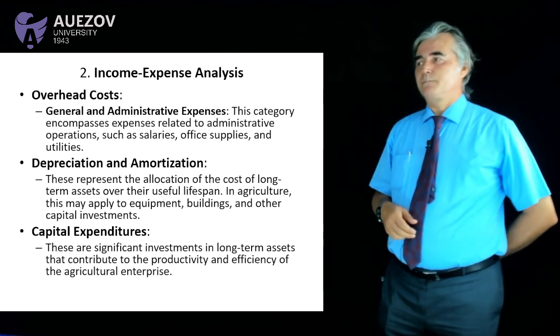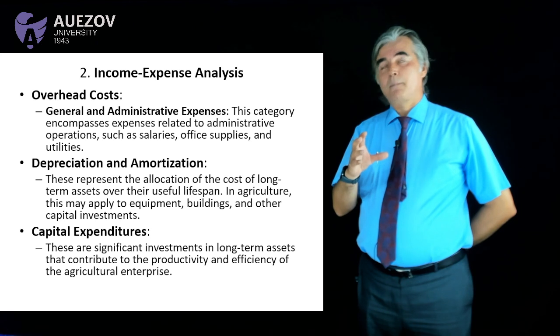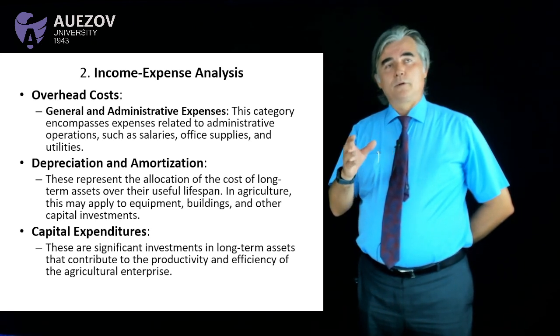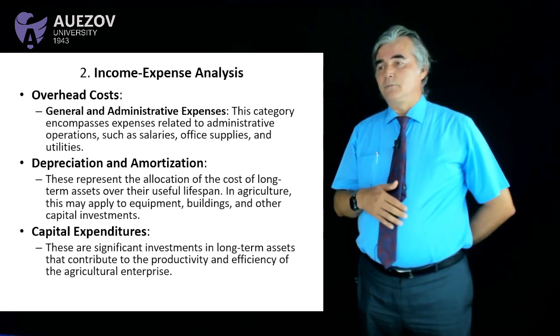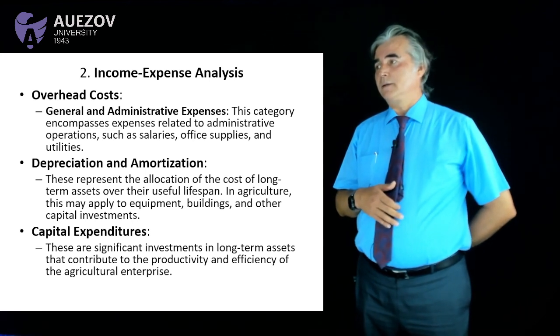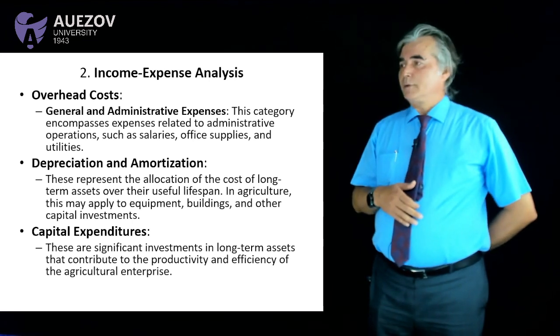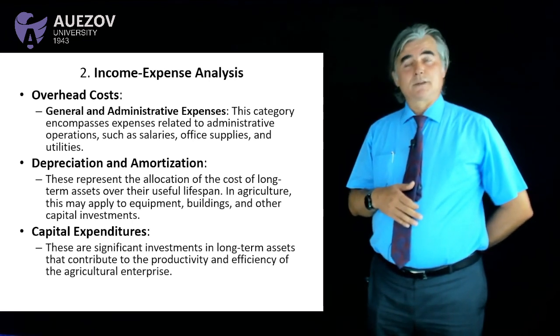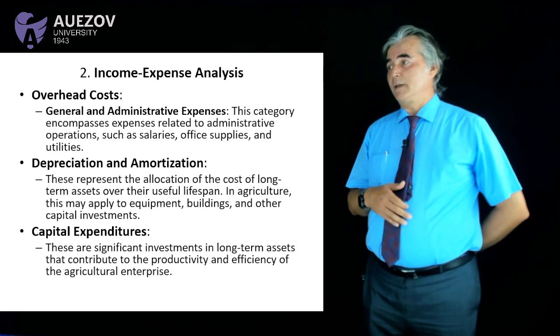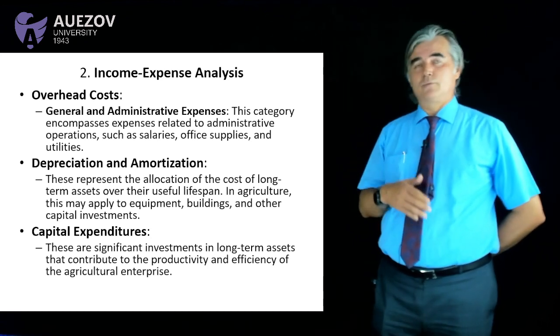In agriculture, this may apply to equipment, buildings, also livestock, cows and other capital investment. Capital expenditures are significant investments in long-term assets that contribute to the productivity and efficiency of the farm.